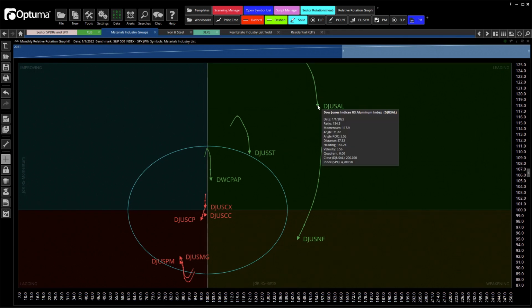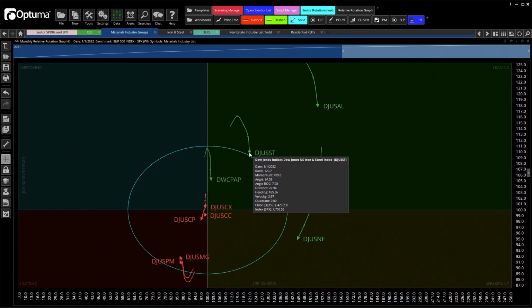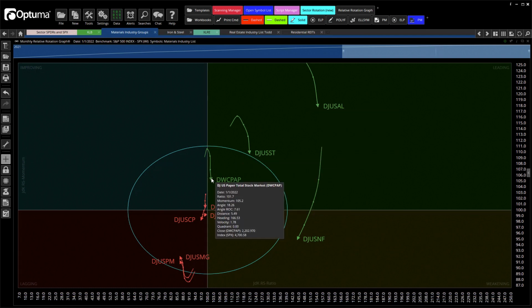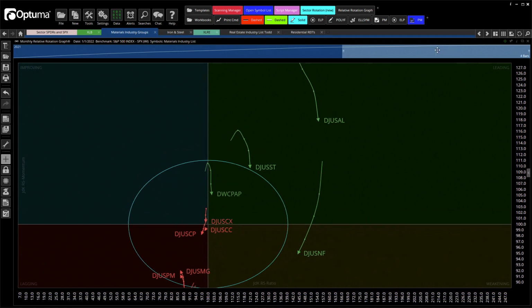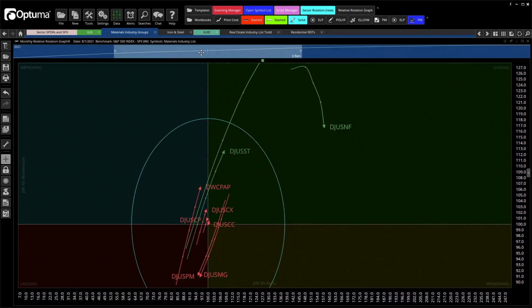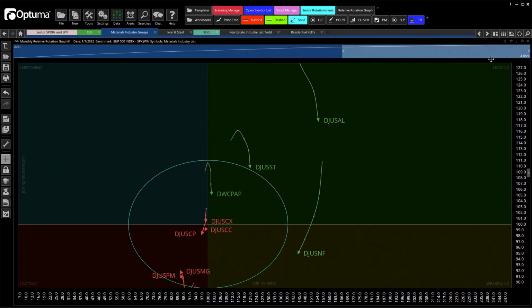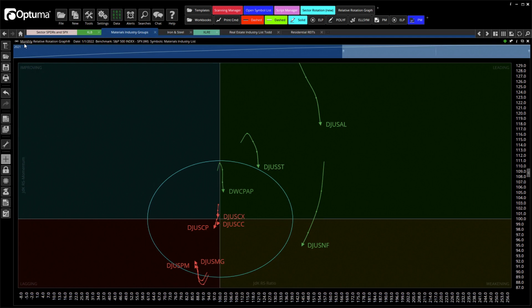So here we have the aluminum index, the iron and steel, and the paper total stock market all in the leading quadrant right now. They do have some momentum fade, but I'll take you back just a few weeks here. Let me show you one more thing I was doing. These are monthly rotations. Let me tell you about that.